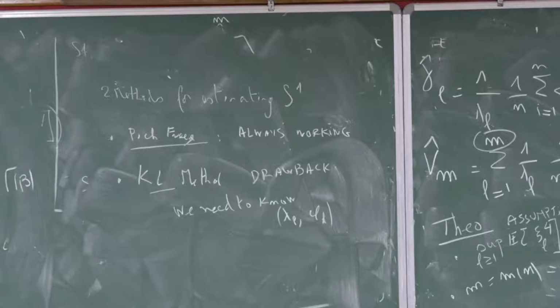In our setting, the estimation of phi L and lambda L may be difficult, but we don't need to compute the code to estimate lambda L and phi L. It's something that we can do offline because it just depends on the distribution of the inputs.